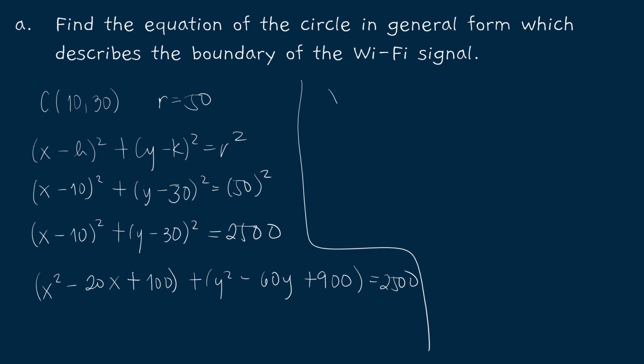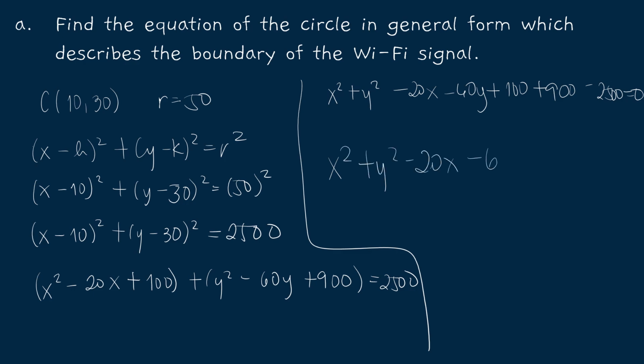So it will result in x² + y² - 20x - 60y + 100 + 900 - 2,500 = 0. Simplifying further, our final answer would be x² + y² - 20x - 60y - 1,500 = 0.